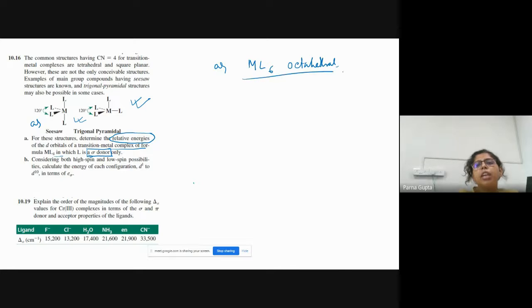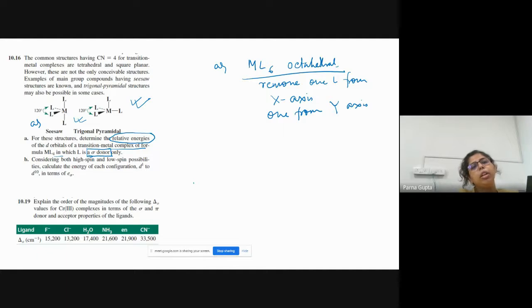Do it today, and next day when we start the class, you give the answer. Take ML6 octahedral and remove one ligand from the x-axis and one from the y-axis, and then see what the position of the orbitals is, right?